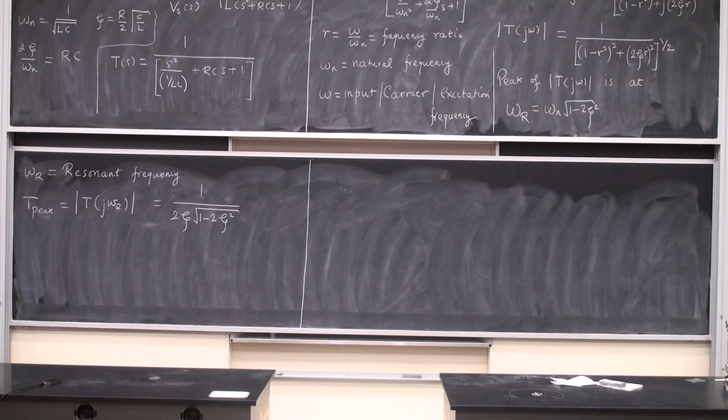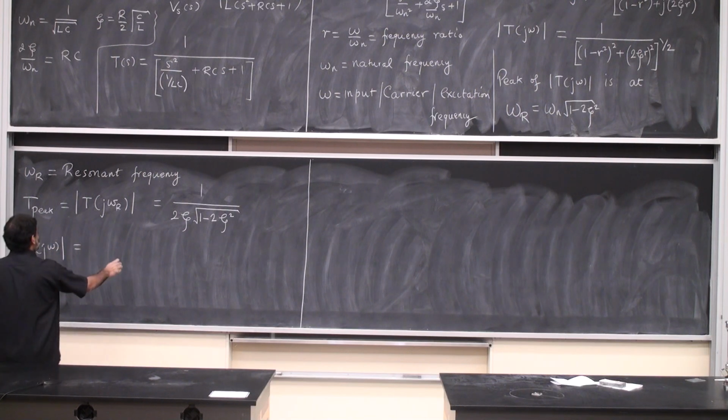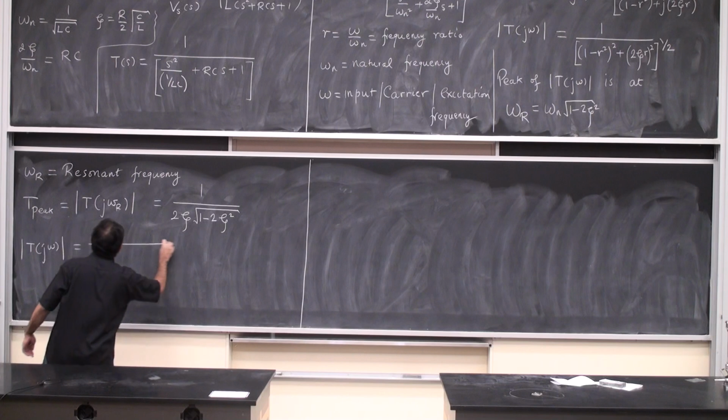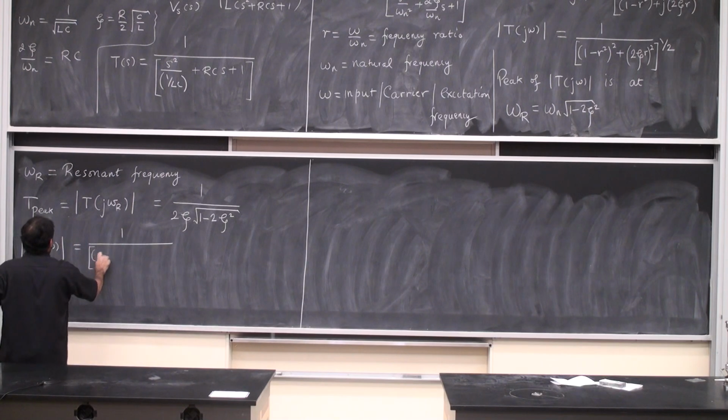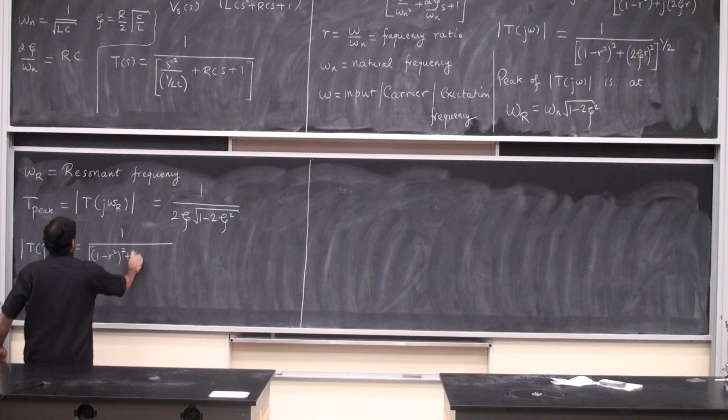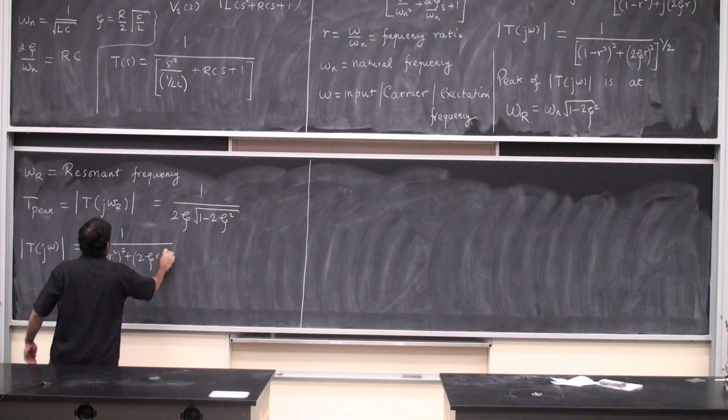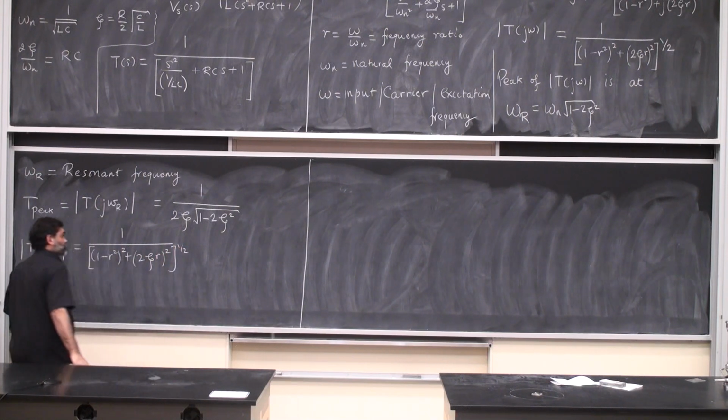And just for reference, I'm going to write the magnitude T of j omega here. This is 1 minus r square.